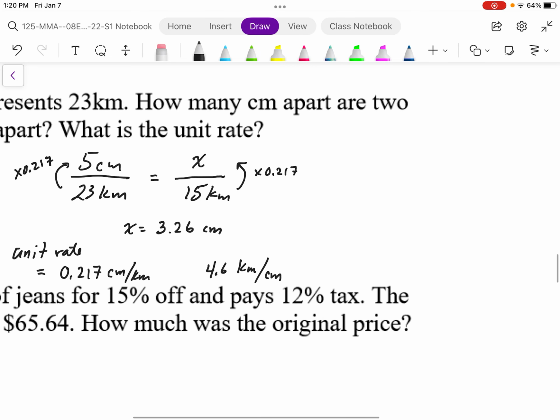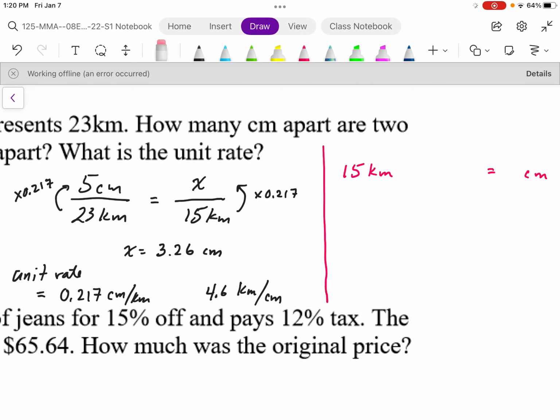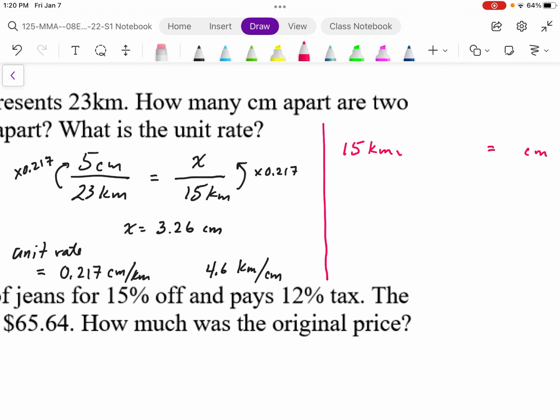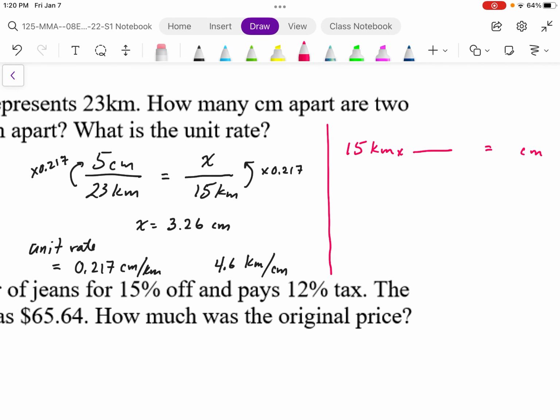Now, we could also do this using a multiplying strategy. I'm starting with 15 kilometers, and I want to end up with centimeters, and I need to get rid of the kilometers with a multiplier. My ratio is 23 kilometers to 5 centimeters. Now, if I want to get rid of kilometers, I want to cancel these out.